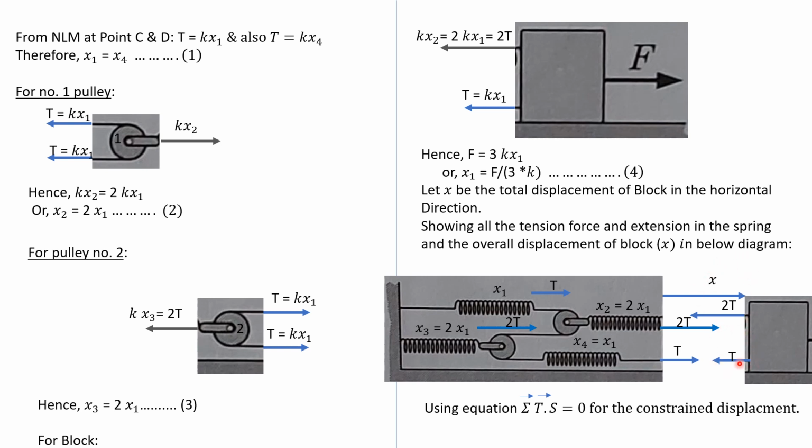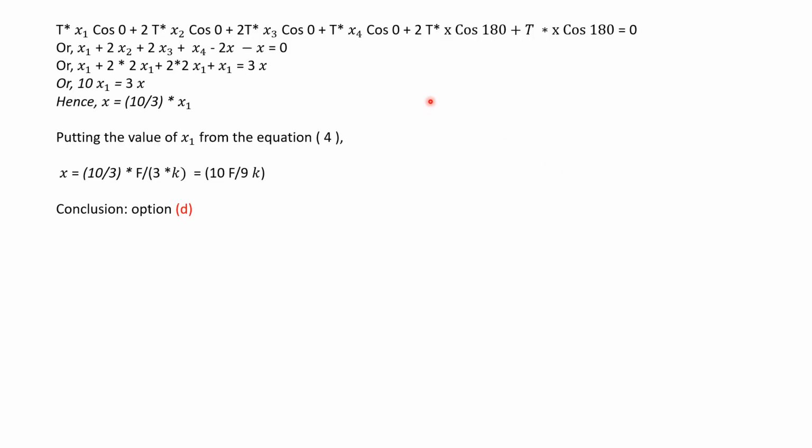Same way T into total displacement x into cos 180 degree. So we will get this equation, and from here we will come to an equation 10x1 is equal to 3x. So x will be 10 by 3 into x1.